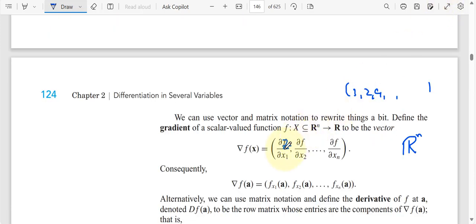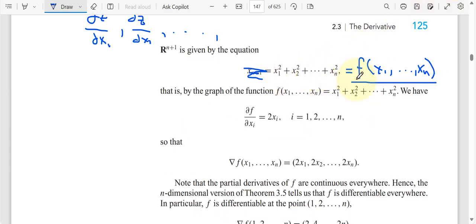Okay, so going back to this, we have the partial of f with respect to x1 and x2 and so on up to xn. And this is just an organized way of writing all the partial derivatives for this function.